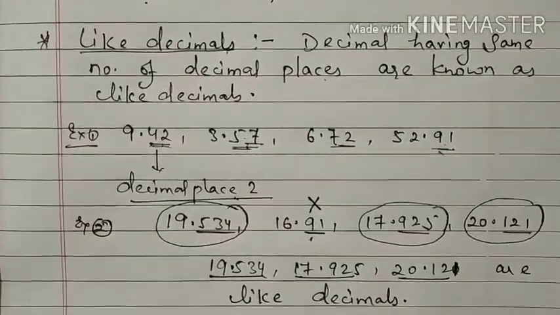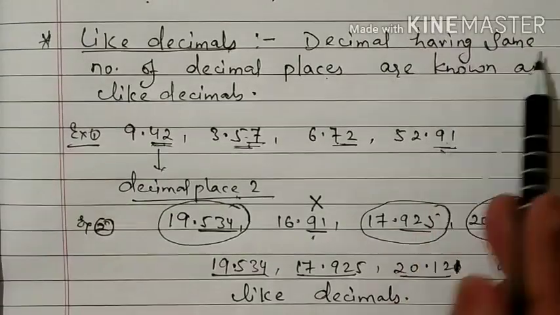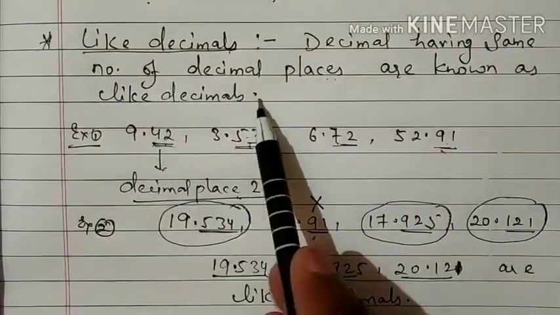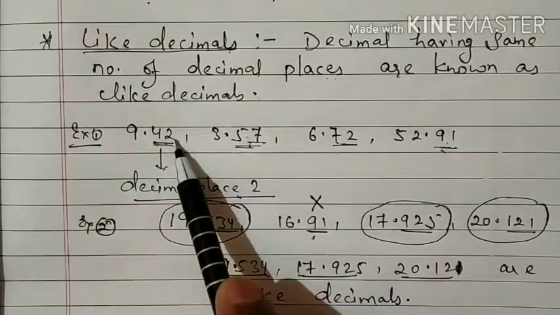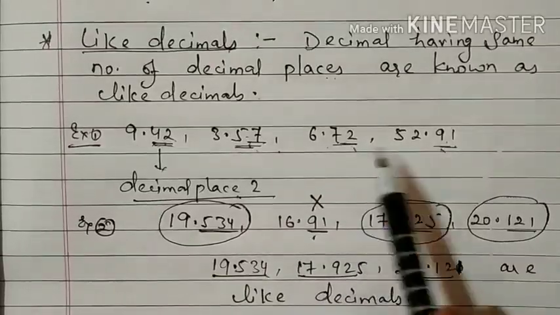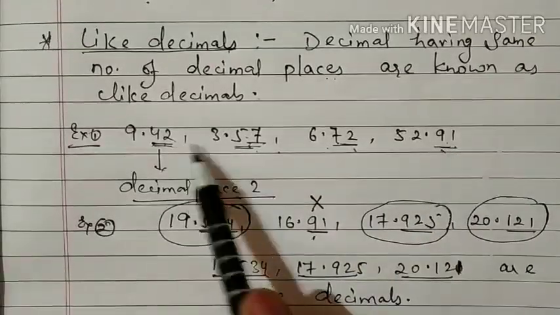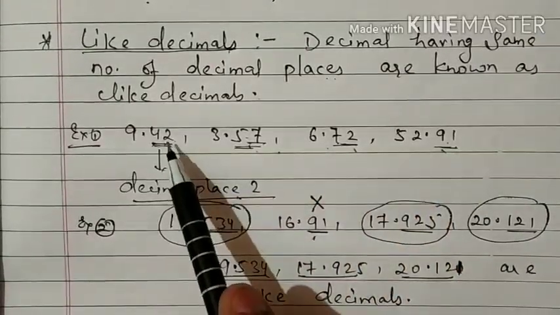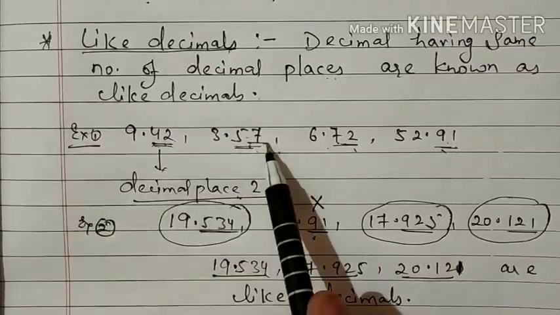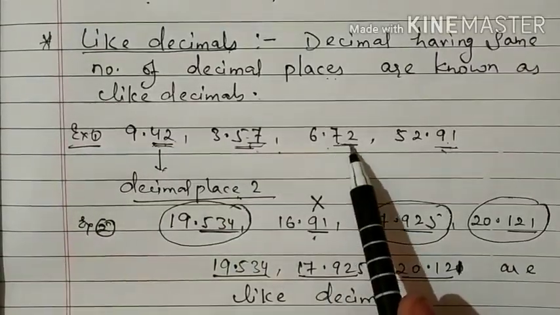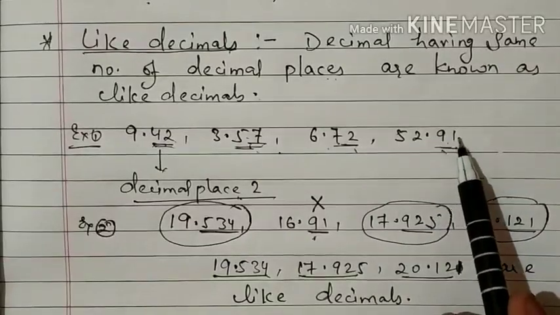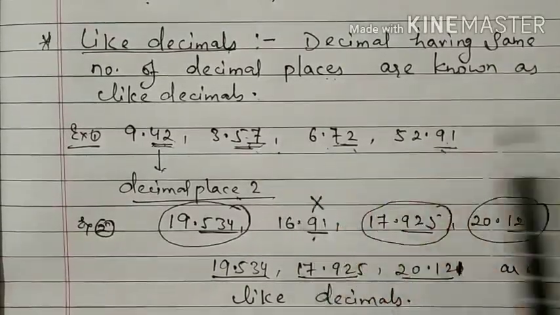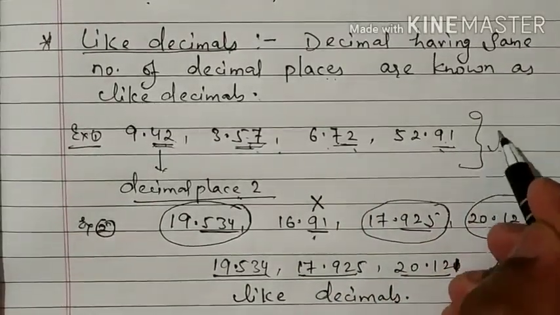What is like decimal? Decimals having the same number of decimal places are known as like decimals, like 9.42, 3.57, 6.72, 52.91. In all of these we have 2 places of decimal. So these are examples of like decimals.